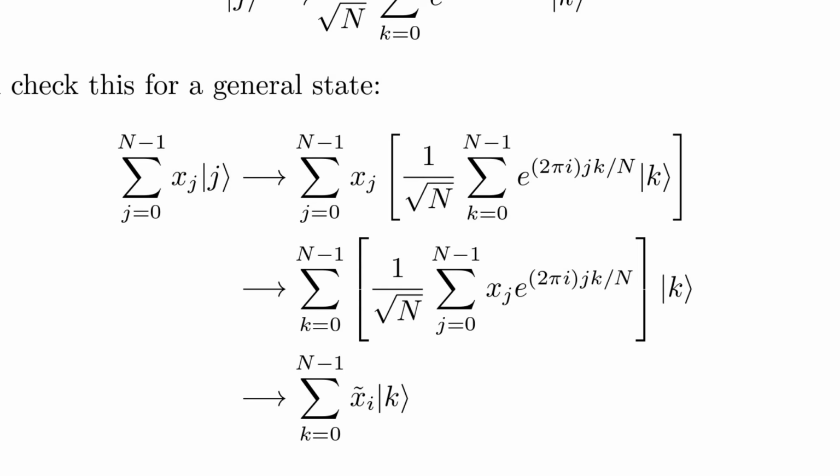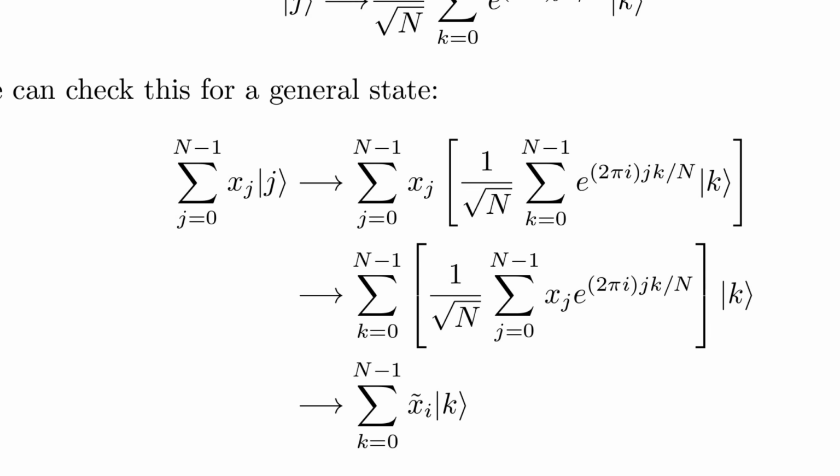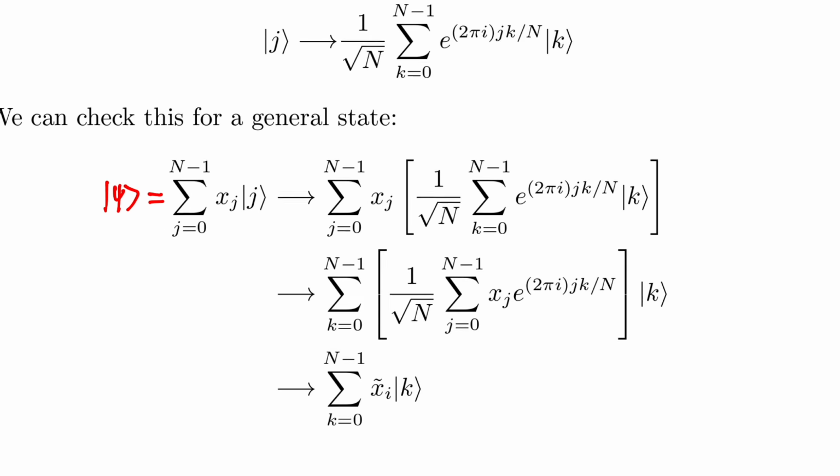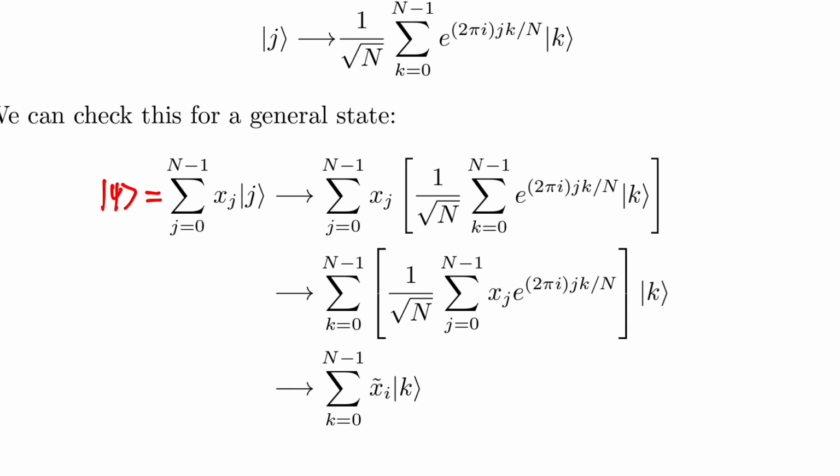And this whole thing represents, you could call it, the state psi, for example. And the process of the quantum Fourier transform is a linear process. And that is reflected by the fact that this summation here, right? This summation here, whoops, let me draw it correctly.